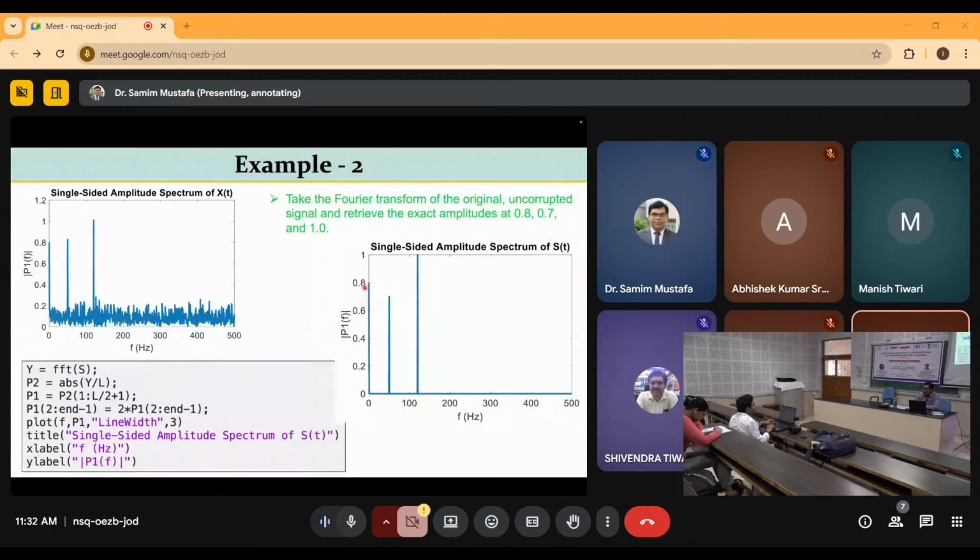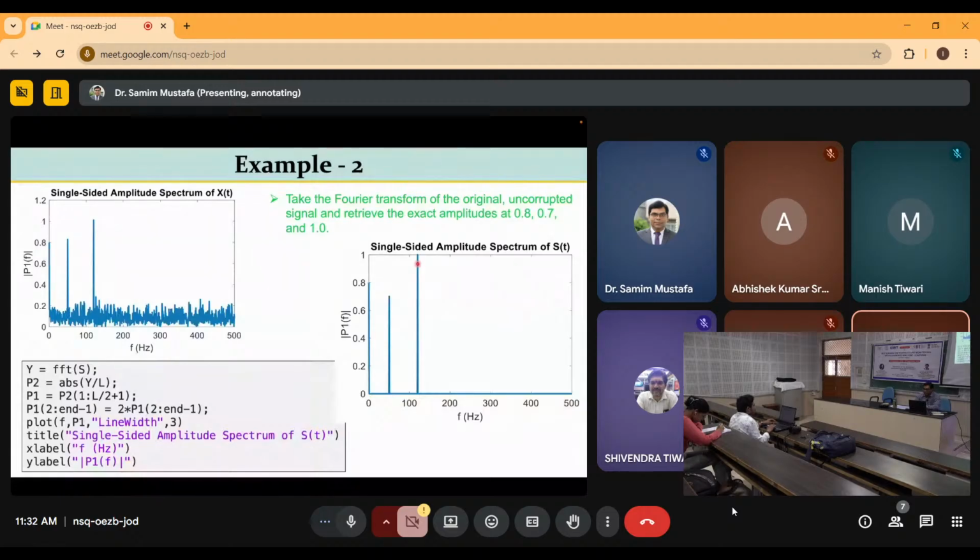So you have added a 0.8 DC component, the DC offset or direct component, then you have added 0.7 of a sinusoidal function, then 1 multiplied by another sinusoidal function with a frequency of 120.